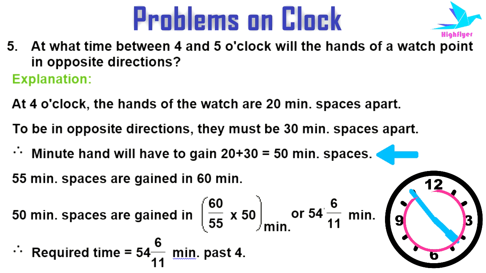As we know, 55 minute spaces are gained in 60 minutes, so 50 minute spaces will be gained in 60/55 × 50 minutes. That is equal to 54 6/11 minutes. So the required time is 54 6/11 minutes past 4.